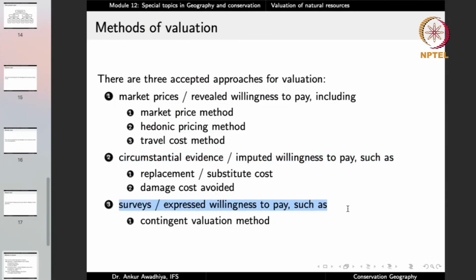Yet another way of valuation is through means of surveys or expressed willingness to pay, such as contingent valuation method. In this case, you set up a survey and you ask people a hypothetical question that the government is cutting down a forest to gain revenue. And to stop the government from cutting down the forest, let us all contribute certain money in the form of an extra taxation.